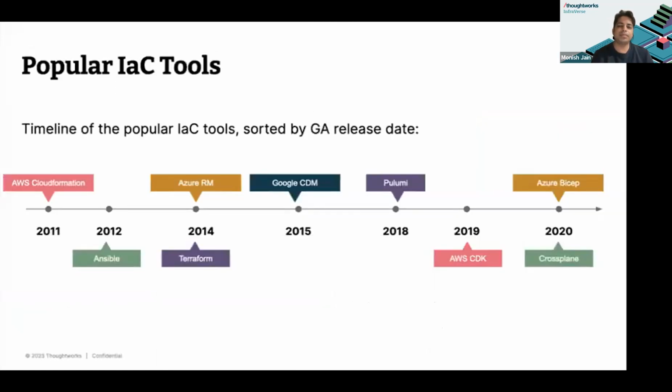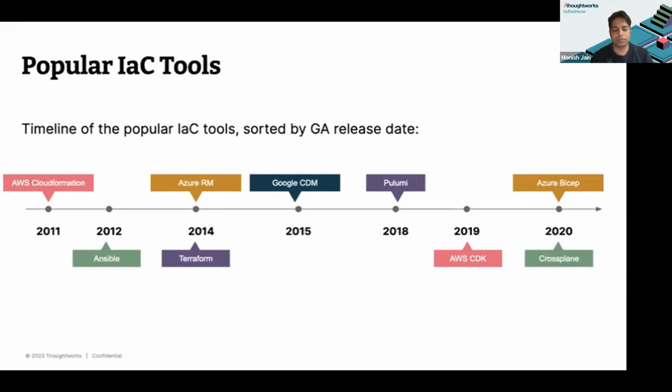So next is a list of some popular IAC tools. As I mentioned earlier, we have seen a good number of IAC tools come up in the last decade or so. If we talk about cloud infrastructure, the first one is AWS CloudFormation. Then came Ansible, Terraform, and other cloud platforms like Azure and Google also came up with their own IAC tools, Azure's Resource Manager, and then Google had Cloud Deployment Manager.